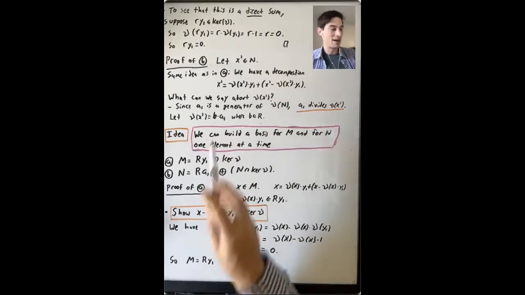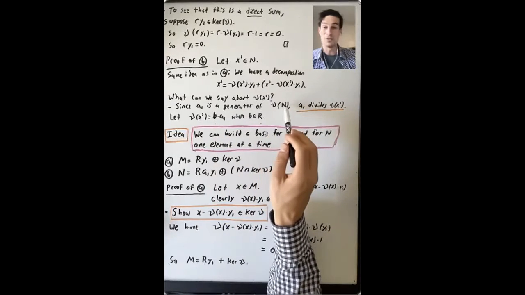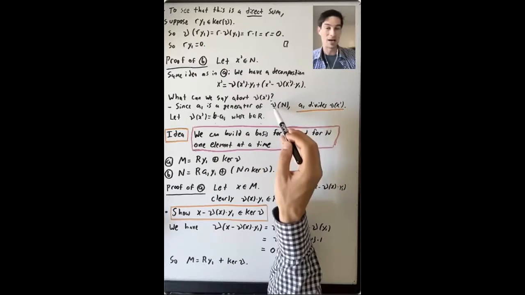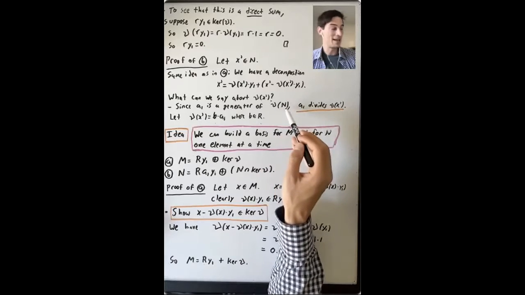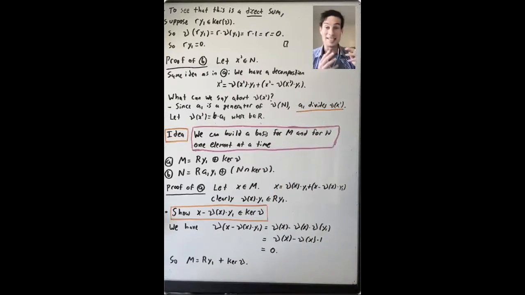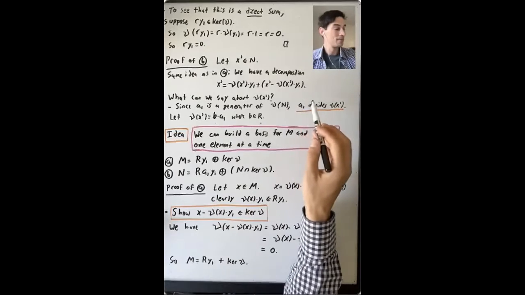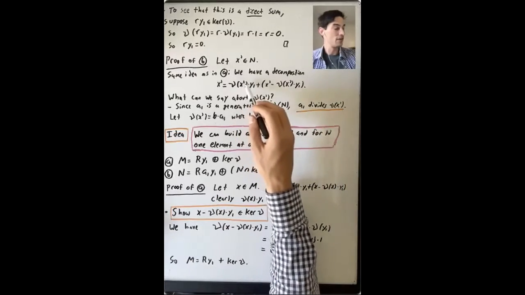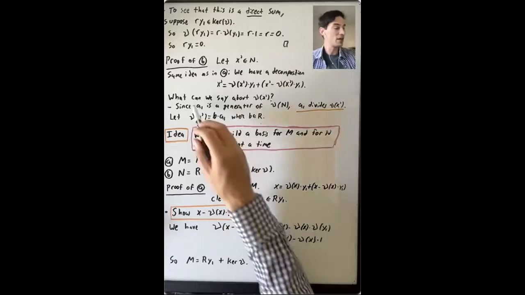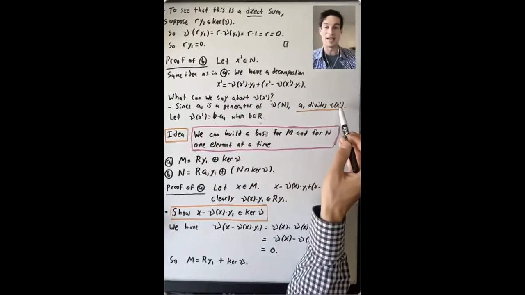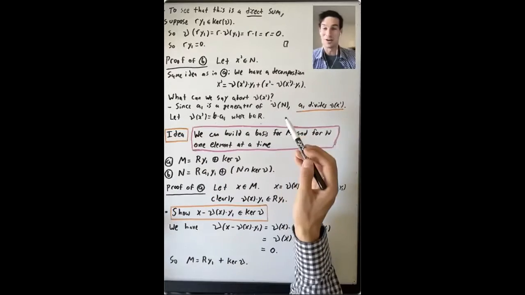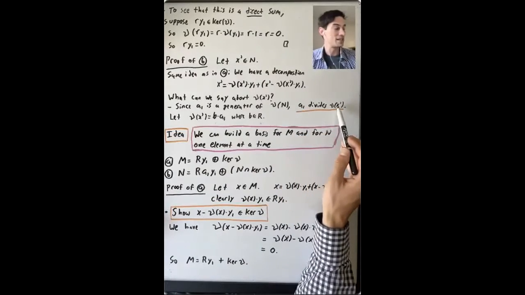But what is a1? It's a generator of nu of N, of the image of this R module homomorphism nu applied to N, this ideal of R. So we have some element, nu of x prime, that the generator of this whole image has to divide. Like that's what it means for it to be a generator. So a1 divides nu of x prime.